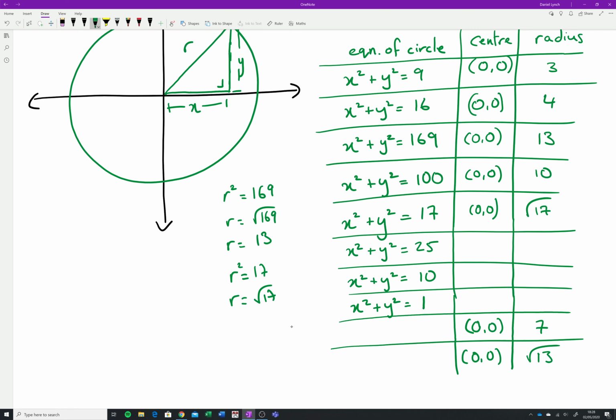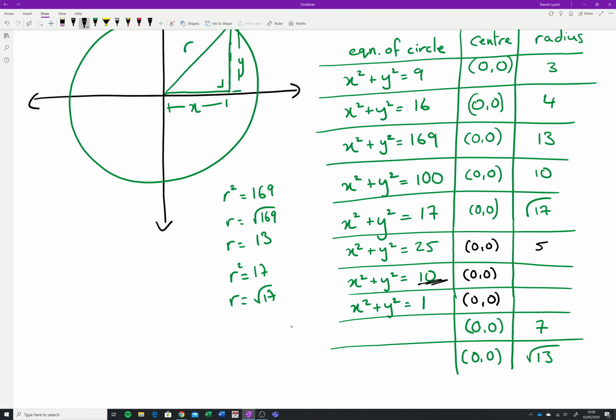Okay, here it comes. Well, obviously these are all 0, 0. Almost not worth writing down, but still worth it just to get into the habit of it. Okay, so remember, if we're given 25, this is what r squared is. So if r squared is 25, r is root 25, which is 5.